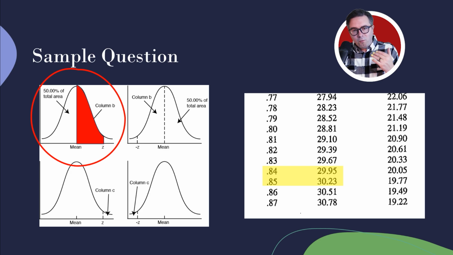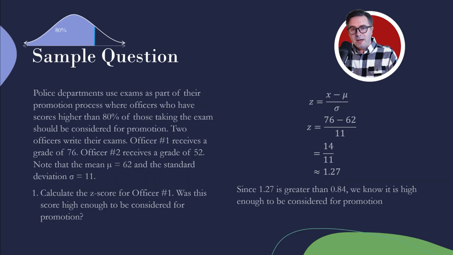Notice that the first one is 5/100ths away, and the other one is 23/100ths away. So the first one is closer, so we'll go with that. That means our z-score is 0.84.